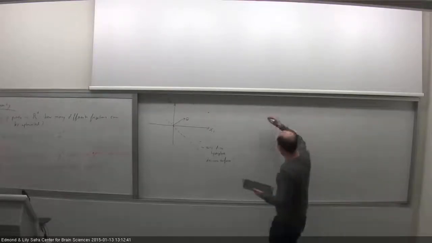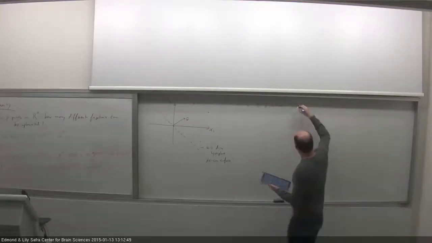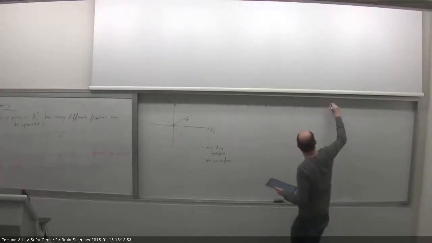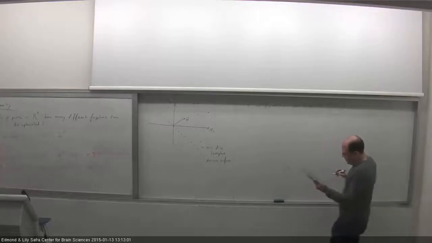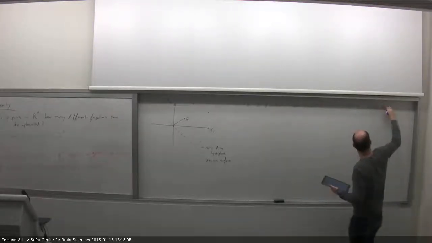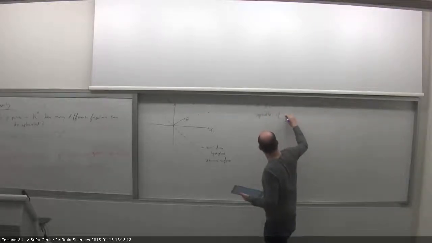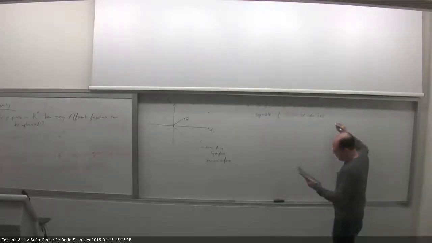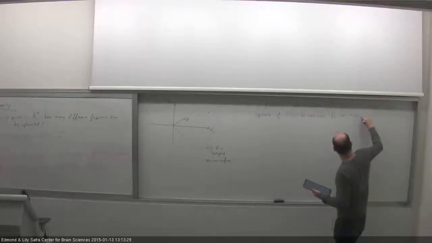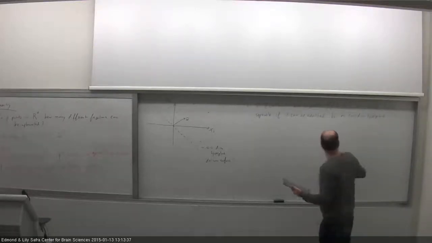Okay, so just another definition, just terminology. A dichotomy on p points, x mu, y mu, is called linearly separable if it can be realized by an n minus 1 dimensional hyperplane that passes through the origin.